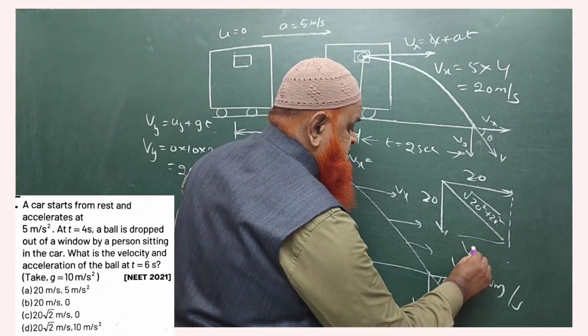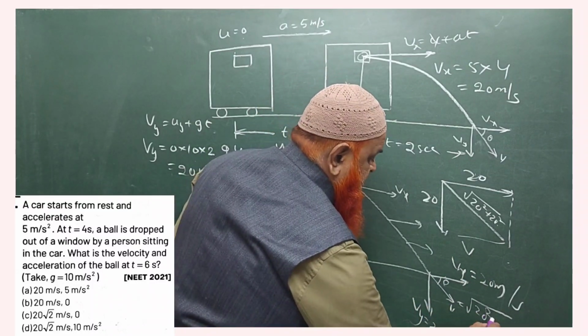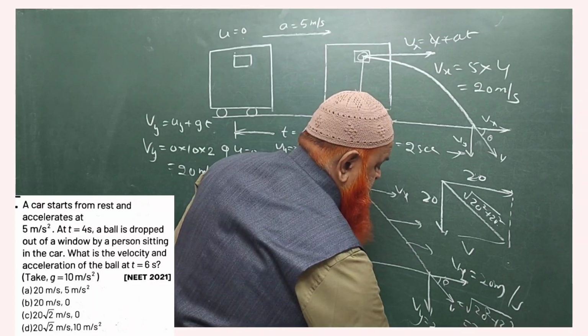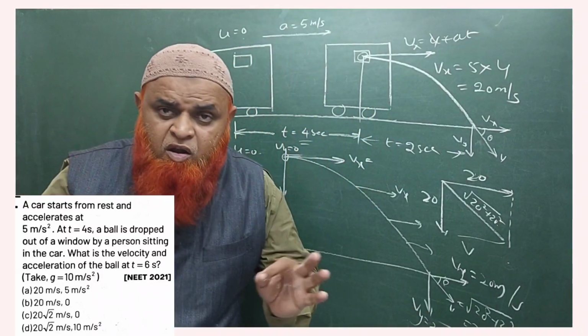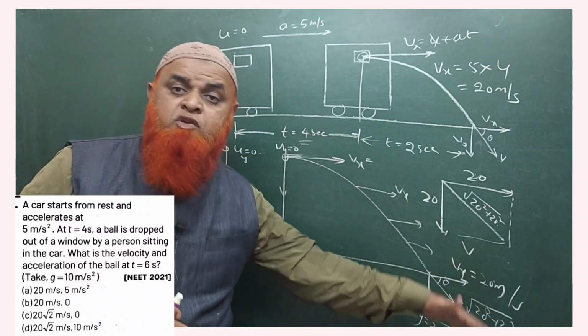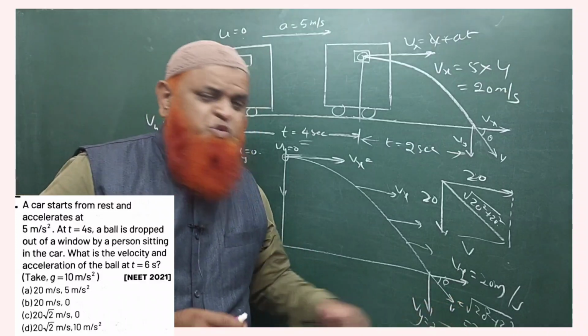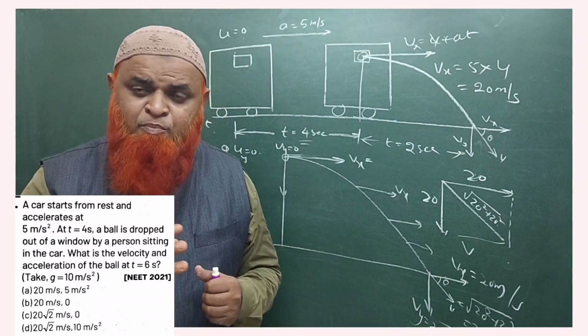Therefore your answer, which is V, is square root of 20 square plus 20 square, which is 20 root 2. So the velocity in the slant direction with which the ball strikes the ground is going to be 20 root 2. Such a simple answer for such a complex question.